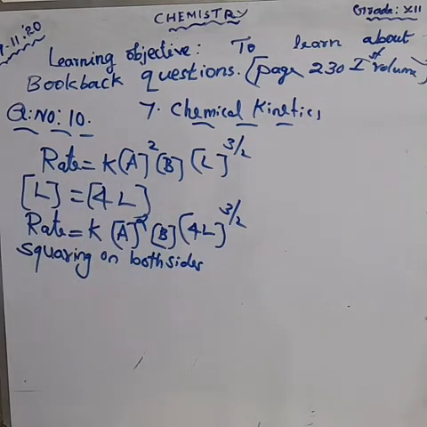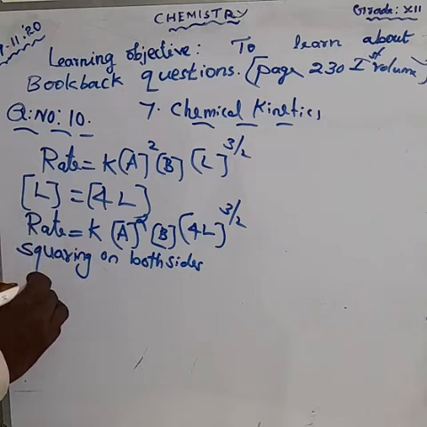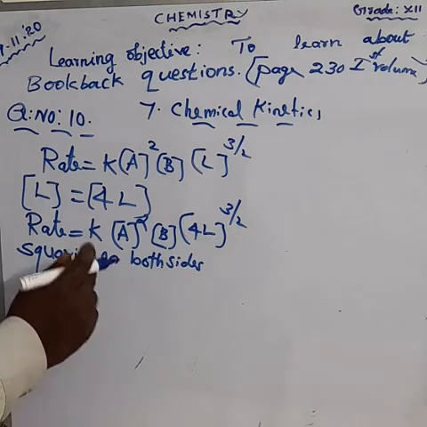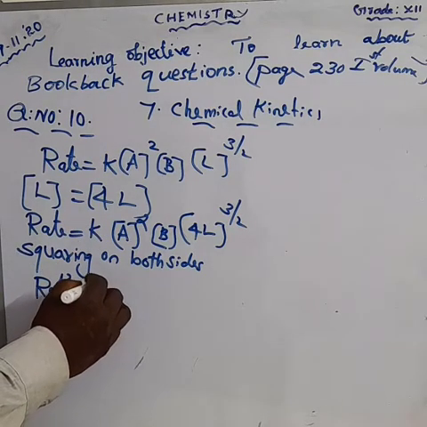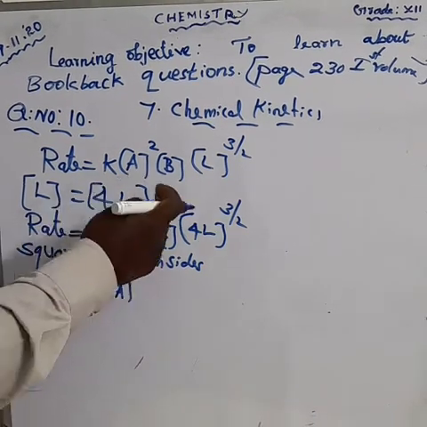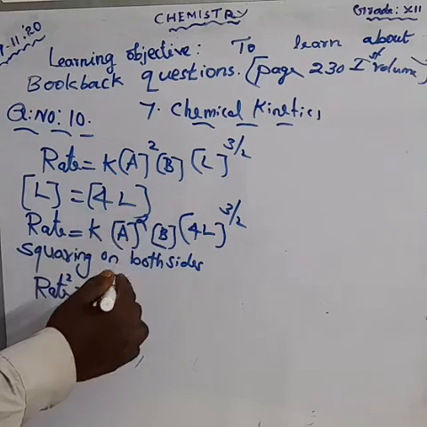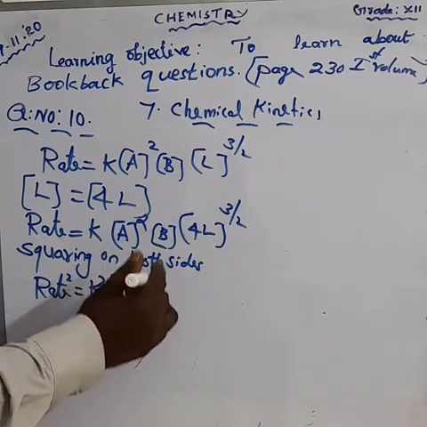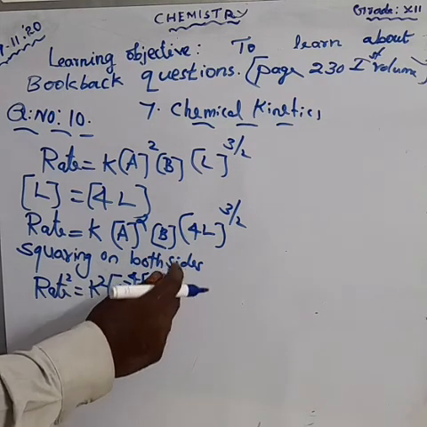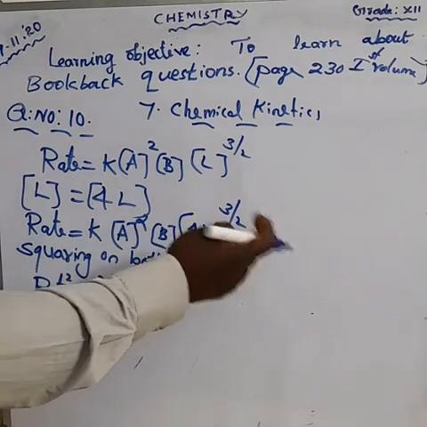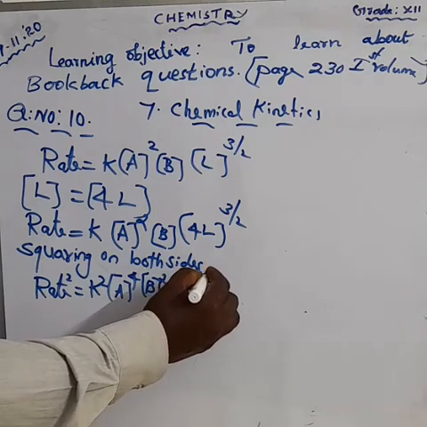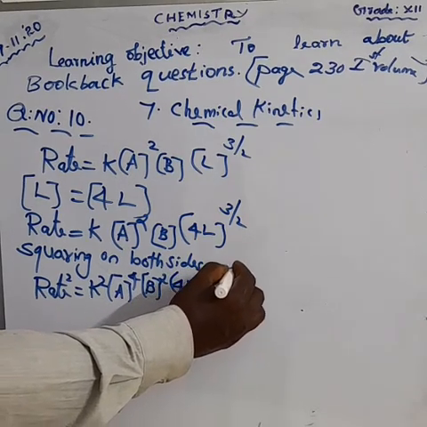Squaring on both sides, okay. That means rate square is equal to K square A square, again square. We can write 2 into 2, that is 4, 4 B square. Here also 4L by 2, am I right? 4L 3 by 2 into square.